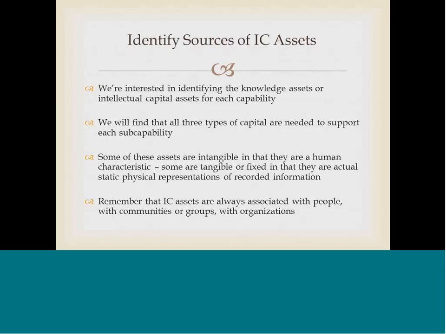Some are tangible or fixed in that they're actual static physical representations of recorded information, such as published journal articles or books. But remember that the intellectual capital assets are always associated with people, with communities or groups, and with organizations. They are not physical capital, and they are not financial capital.